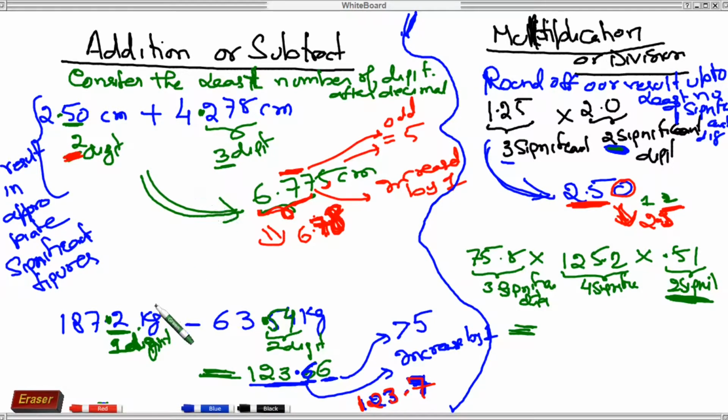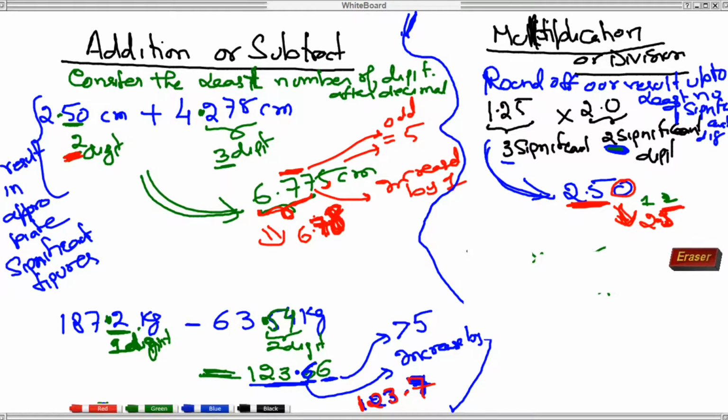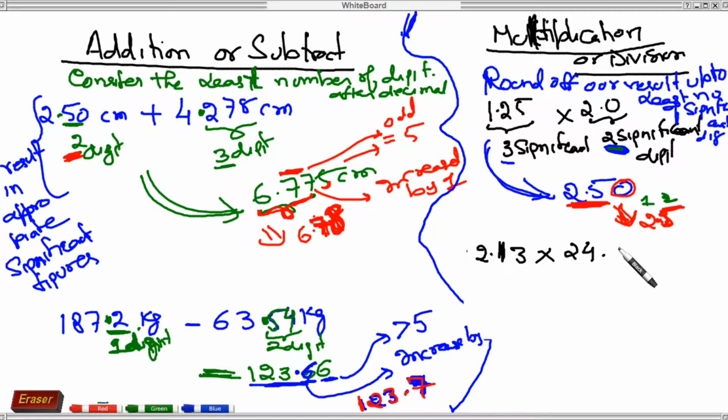Now let's consider the division section. Suppose it is 2.13 multiplied by 24.78 divided by 458.2.